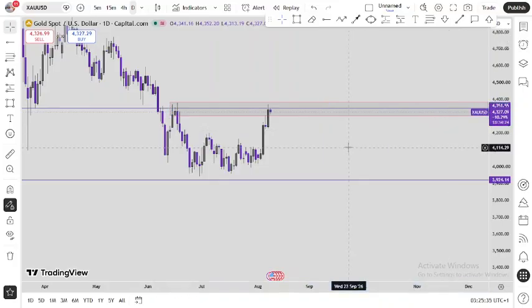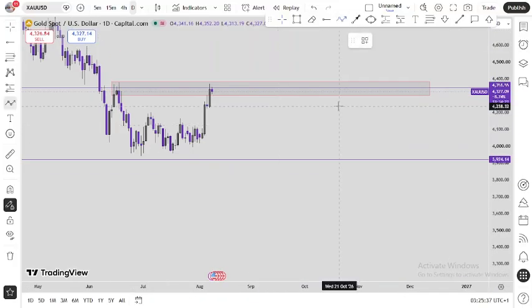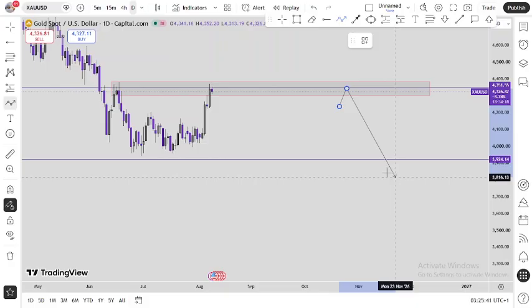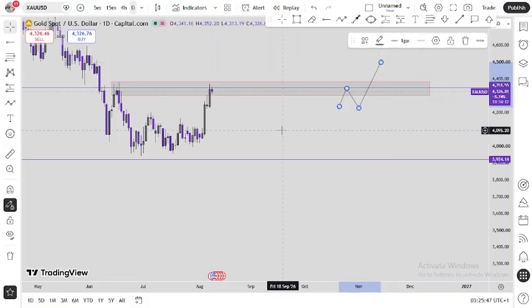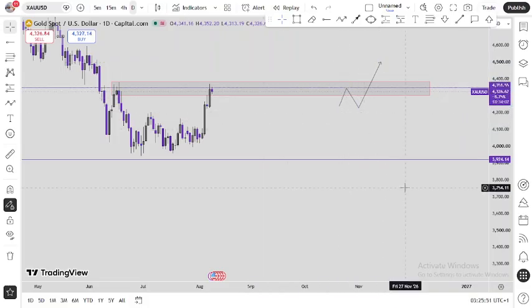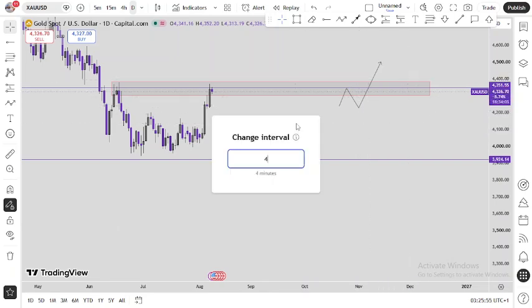So what we could see is either price respecting it to continue down, or price pulling back and then continuing the bullish nature.